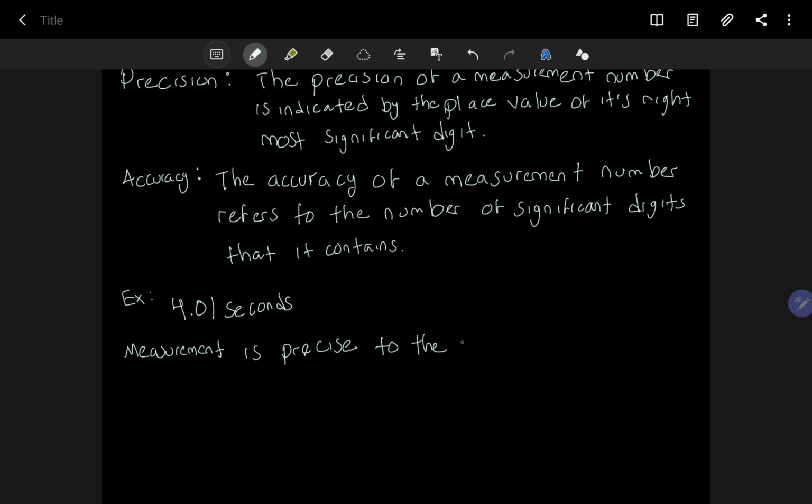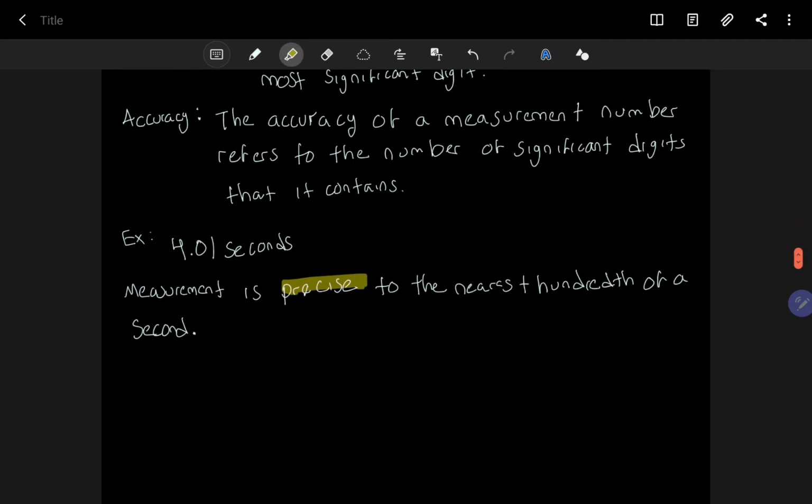So this is precise to the nearest hundredth of a second. So that's how precise we know it is. Now, we also know that it is accurate to 3 significant digits.